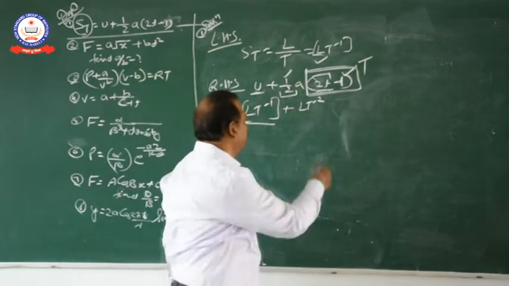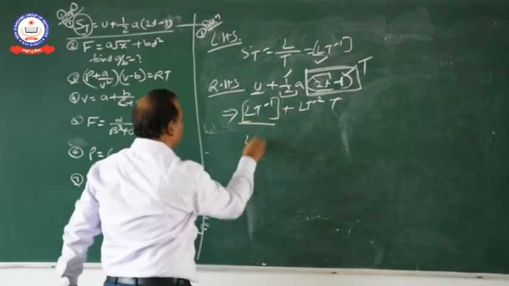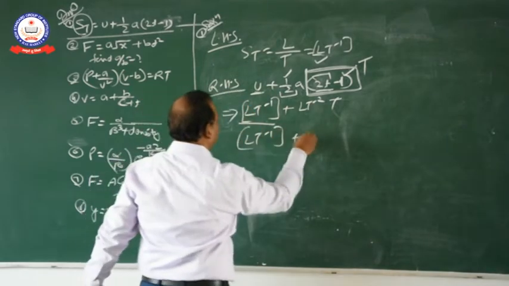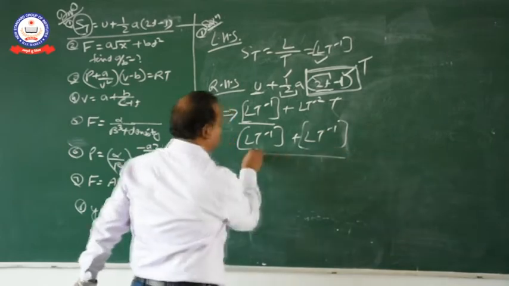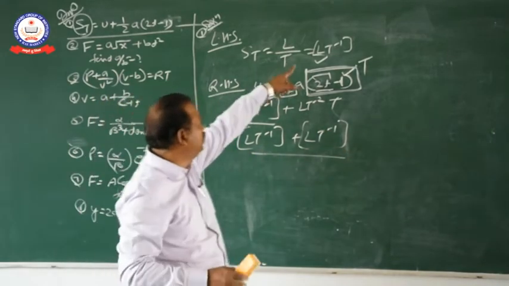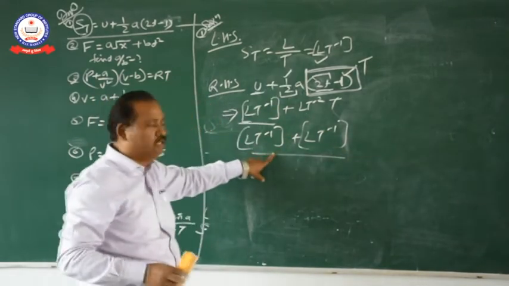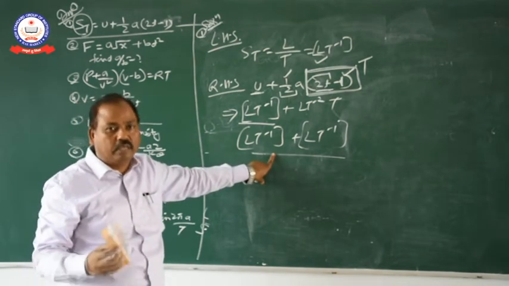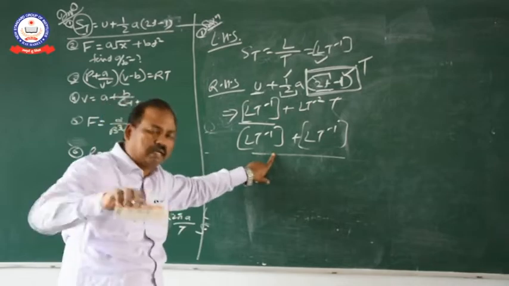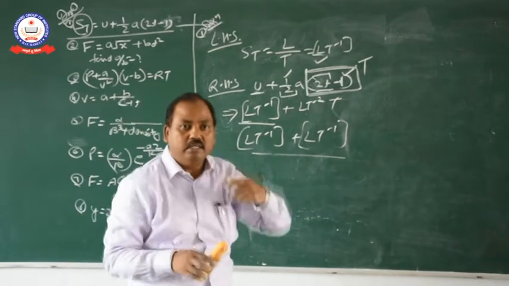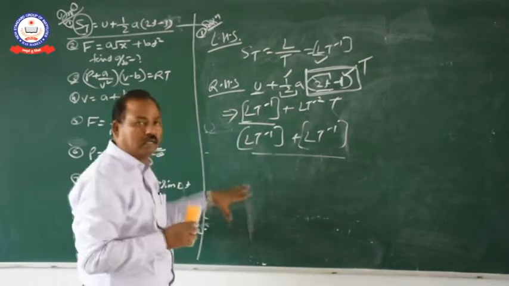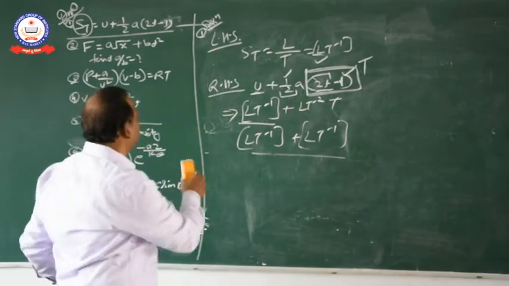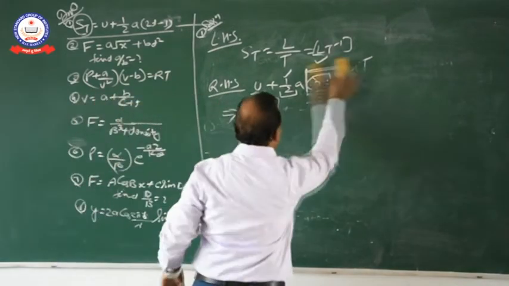Whole dimension t, correct? So LT inverse plus LT inverse. The dimensions of LHS is equal to the dimensions of RHS, so the given formula is correct. Is it clear? This is question number 1.